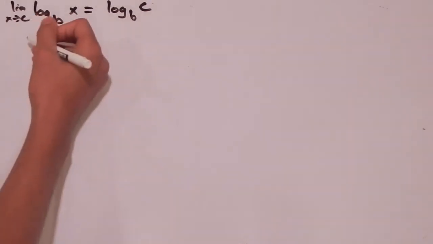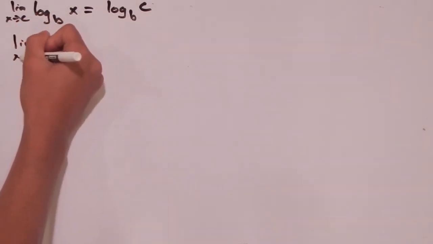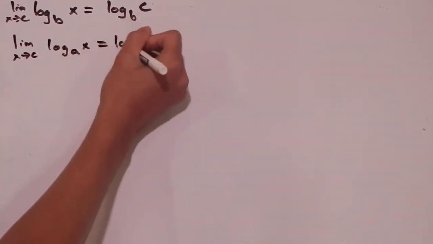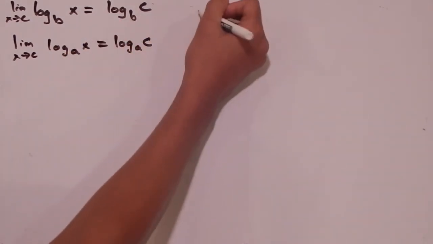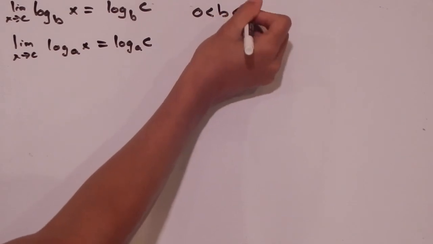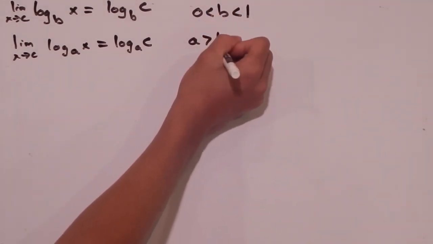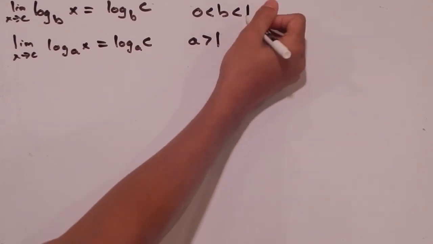And we're going to do this with our last proof. We know that the limit as x goes to c of log base a of x is equal to log base a of c, where b is between 0 and 1, and where a was greater than 1. Notice neither of these are at 1.